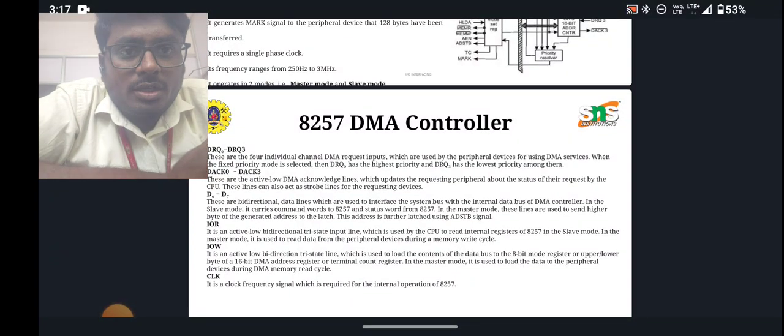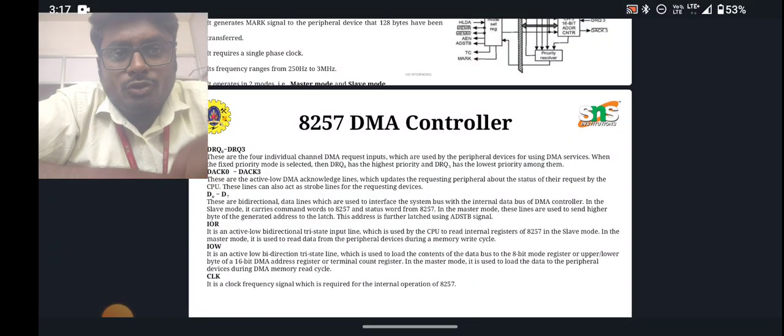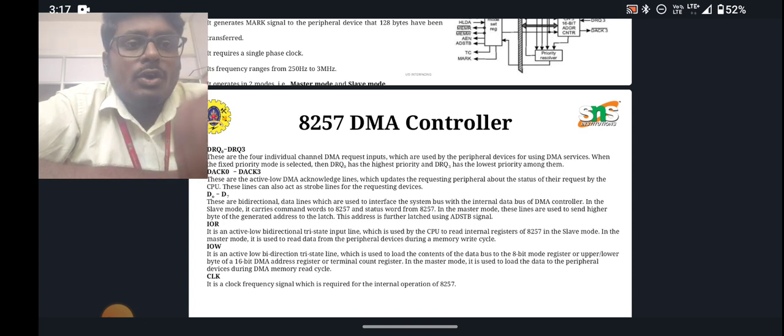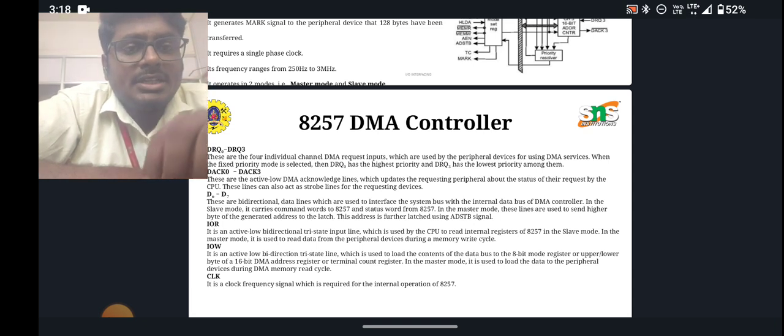The 8257 DMA controller pins. DRQ0 to DRQ3: these are the 4 individual channels of DMA request inputs which are used by the peripheral devices for using DMA services. When the fixed priority mode is selected, DRQ0 has the highest priority and DRQ3 has the lowest priority among them.